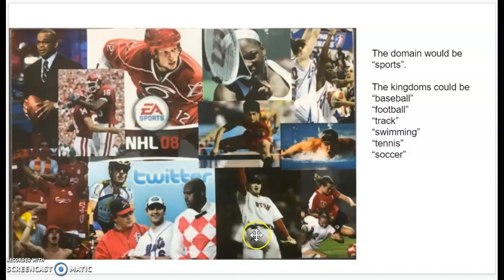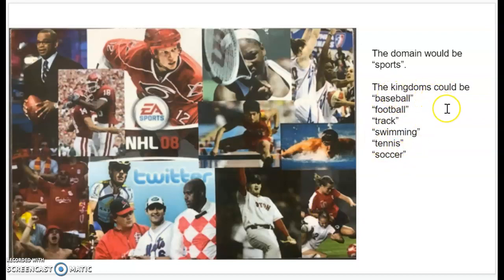I see some pictures that are baseball related, some football related pictures, some track, swimming, tennis, soccer, here we go.